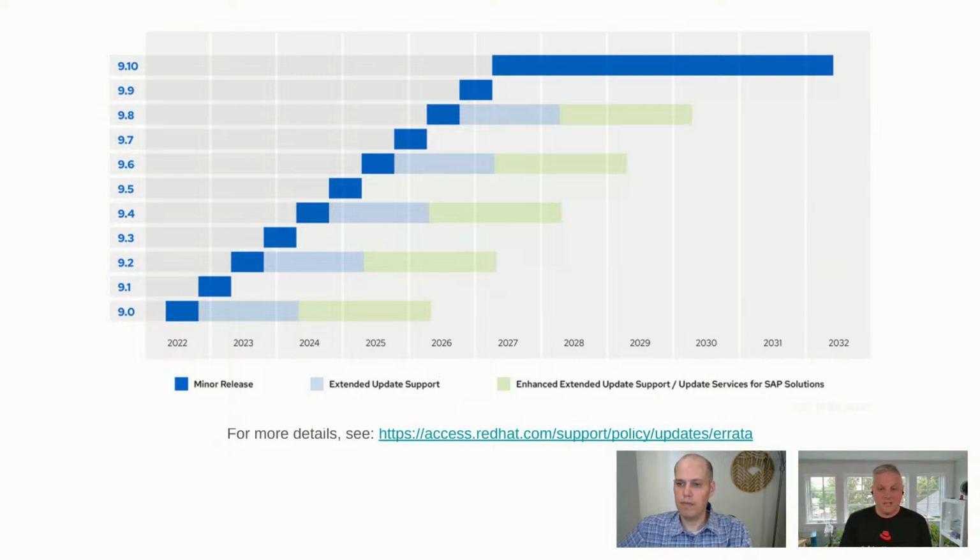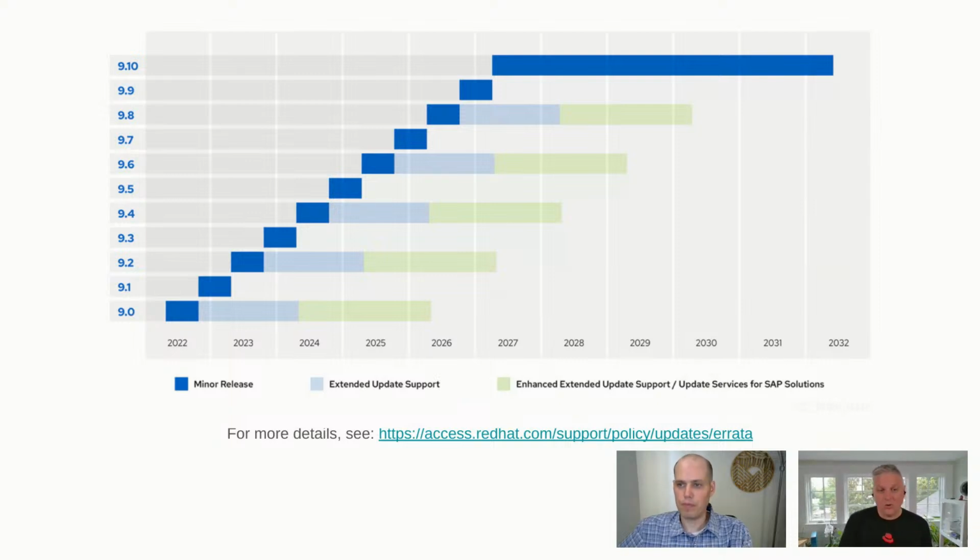That means, just like we were talking about with ELS at the end of a product's lifecycle, we will make sure that we compile critical and important security errata, and we do that for dot releases as well, but only for these dot releases.